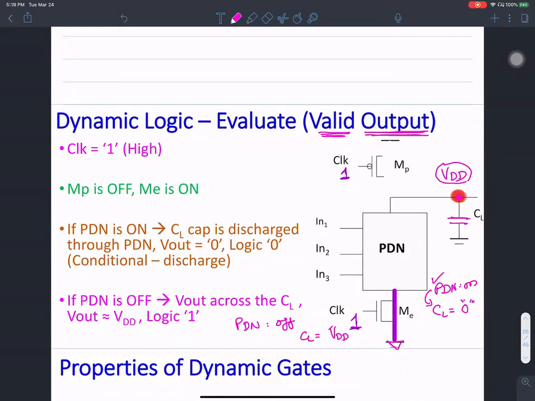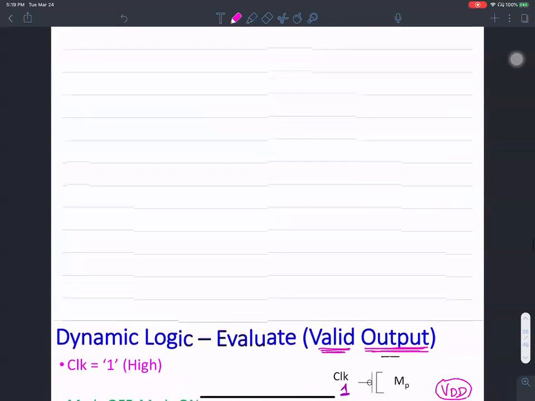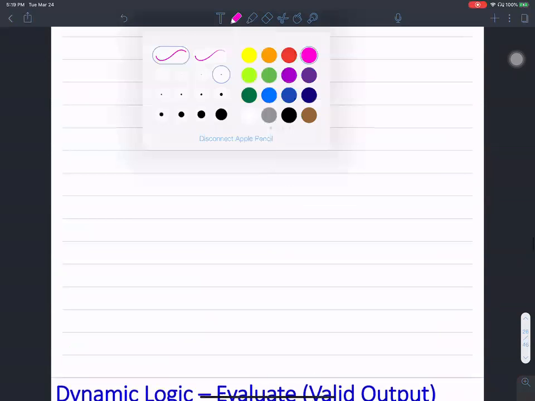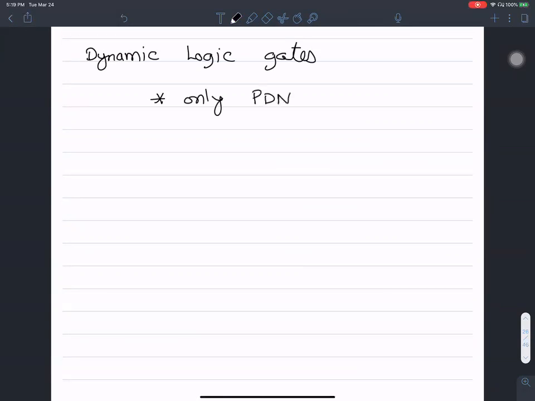Okay, so let me summarize the idea here. Pre-charge and evaluate phase summary. Dynamic logic circuits have only a pull down network, plus one PMOS and one NMOS.